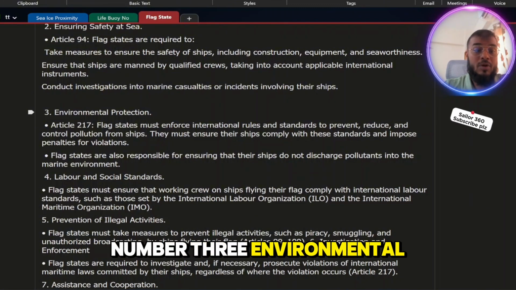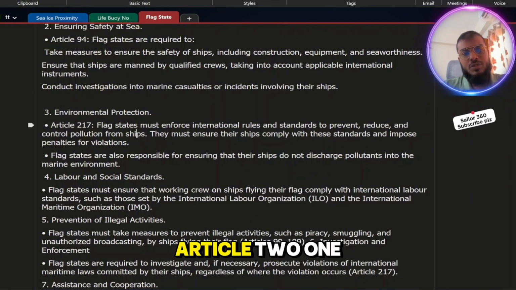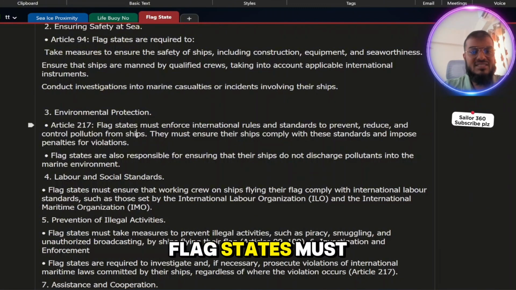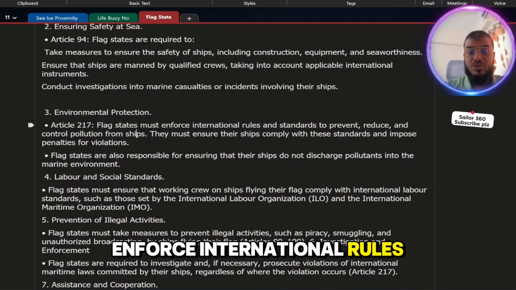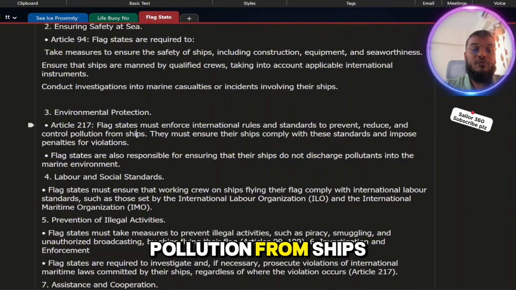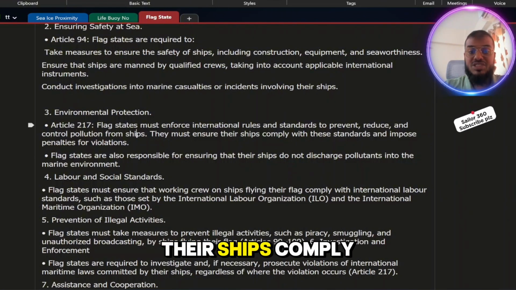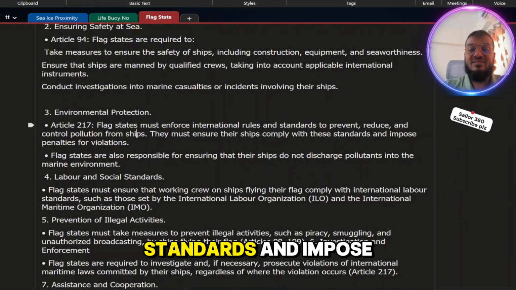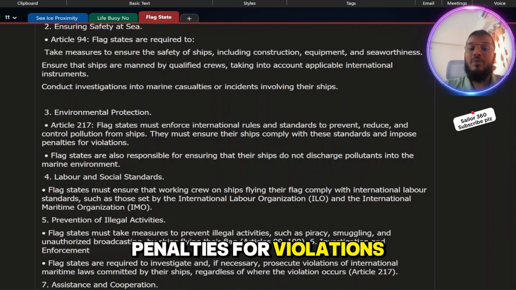Number 3, environmental protection. Article 217 says flag states must enforce international rules and standards to prevent, reduce, and control pollution from ships. They must ensure their ships comply with these standards and impose penalties for violations.